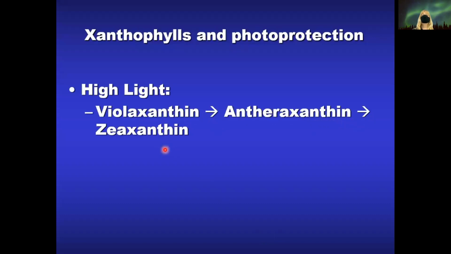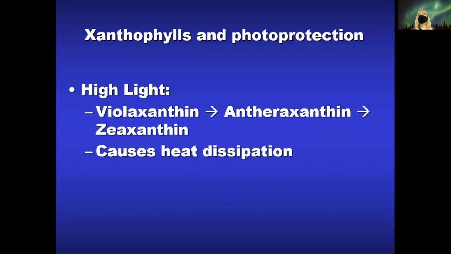So basically, it's just in this little reaction pathway, you get the dissipation of heat energy. So that's the payoff. It's like the carotenoids go through this little reaction, and as they're doing that, it's a safe way to just kind of release this excess energy as heat.